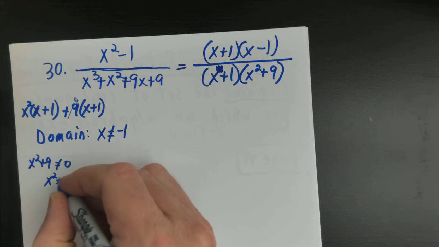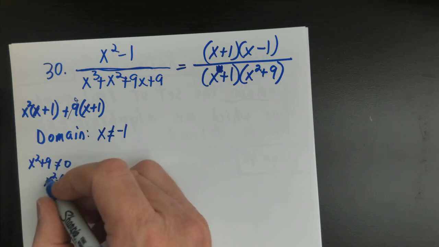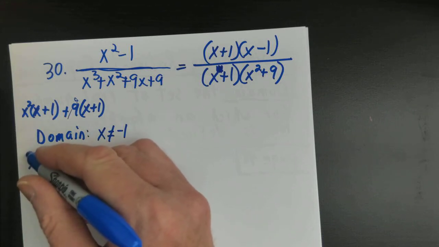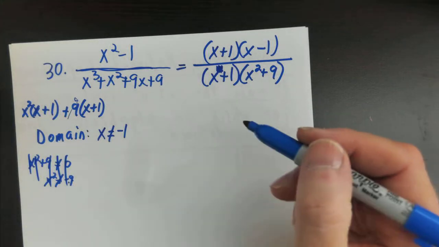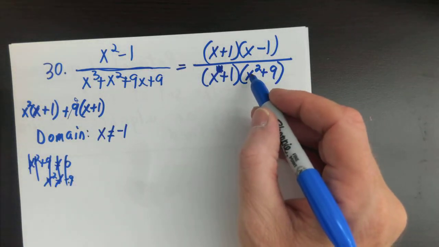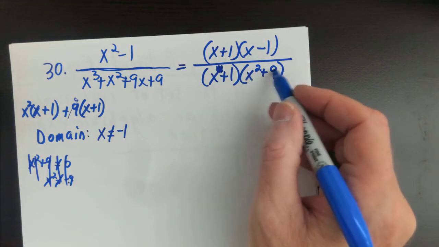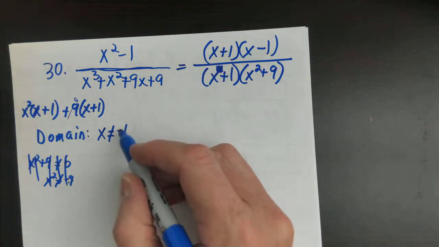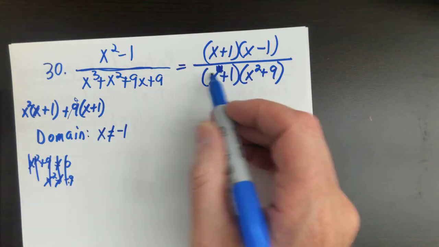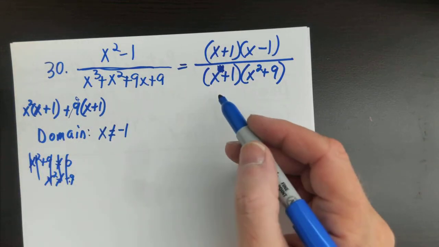X squared cannot equal negative 9. Well, if I square something, if it's positive, it's going to be positive. If it's negative, it's going to be positive. So this is kind of a moot point here. This will always be 9 or bigger, I guess. So as long as x is not negative 1, our denominator is not going to be 0.